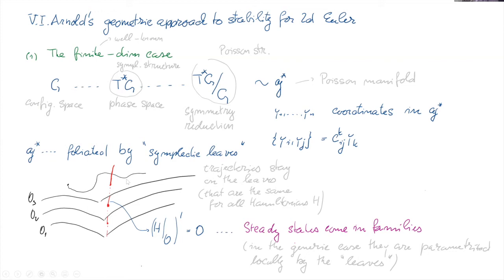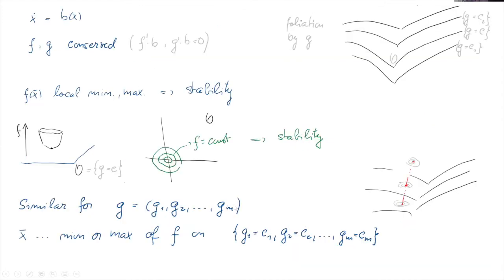There is a lot of structure there, but fortunately, one does not have to go into details, and we can explain it in a very simple way on a two-dimensional example. But this is essentially what comes out from these geometric considerations.